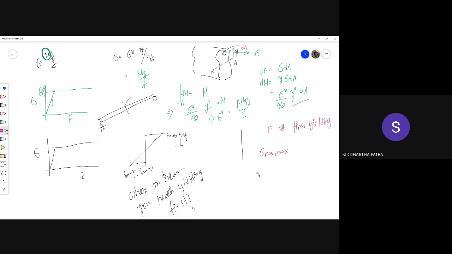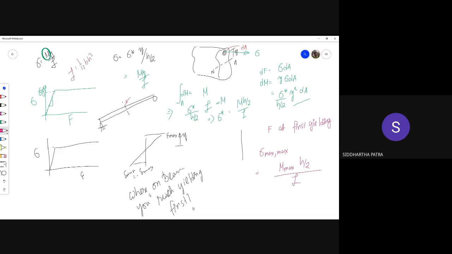What I mean by that is, you go to the cross section where you have the maximum bending moment and go for the maximum height and divide with the I. I, of course, as we discussed, is 1 by 12 bh cube.